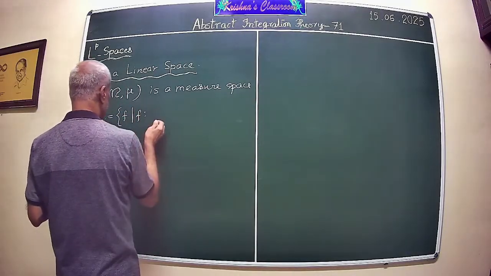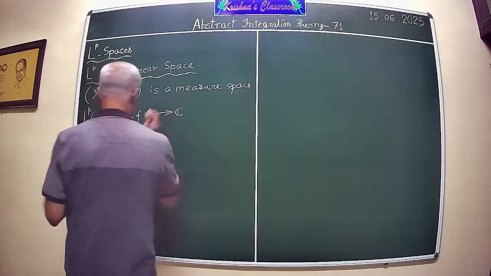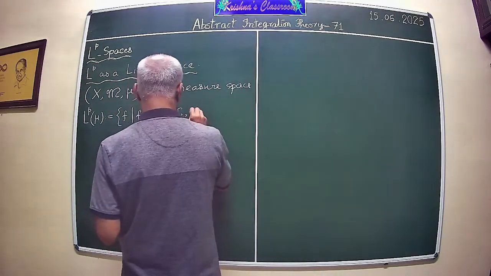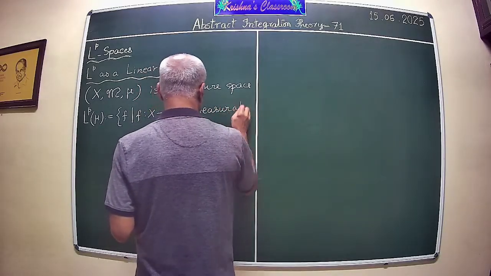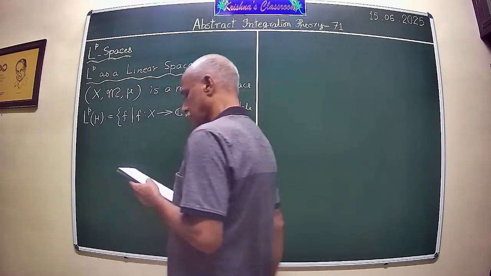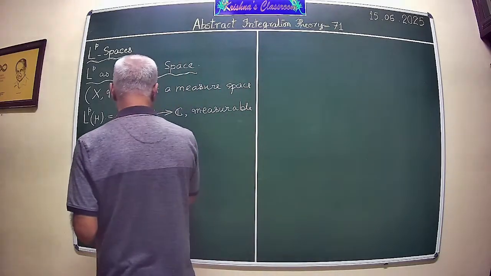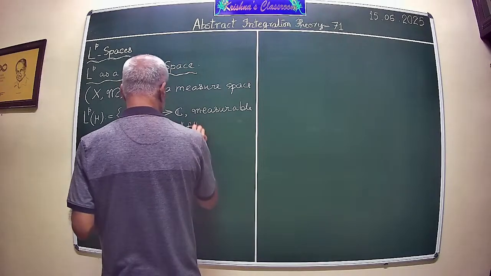F is a complex valued measurable function, and the norm of F, the p norm, is finite.